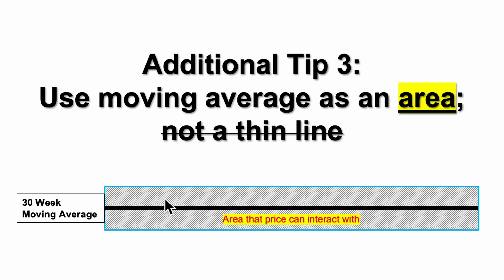So it can also move past the 30-week moving average by a little, and that does not mean that the 30-week moving average has been broken. So you can look at the 30-week moving average as an area whereby price can come towards and react away from. So do not treat this as a thin line for your analysis that you will require that it needs to be touched or broken exactly at the line itself.